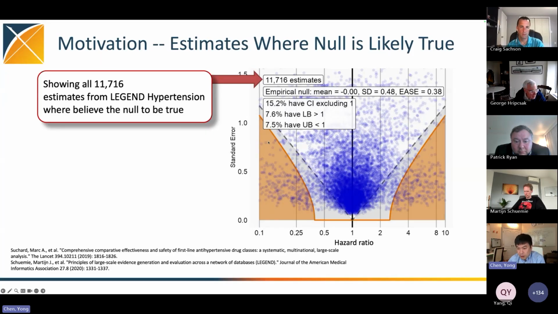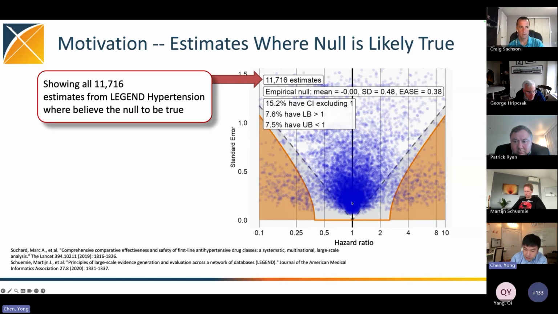One of the key features is that you put the more precise estimates at the bottom and the less precise estimates at the top. So typically you will have something like a funnel shape: more variability on the top, less variability at the bottom. That's one thing we would know.